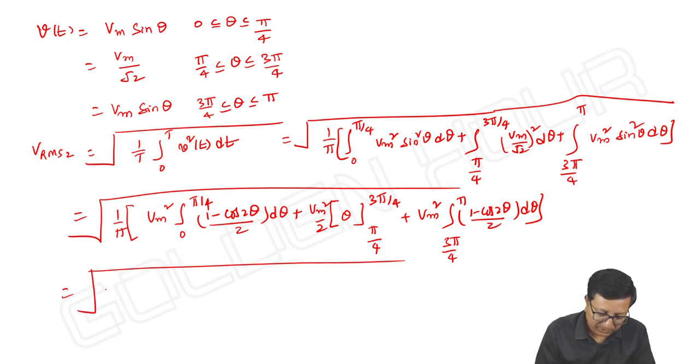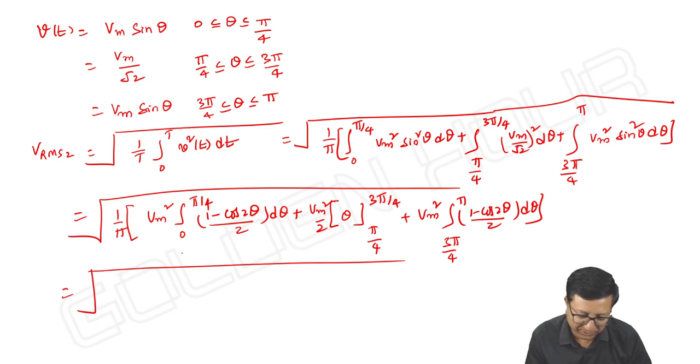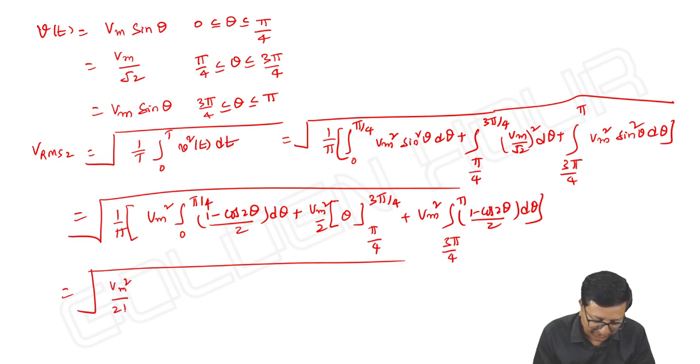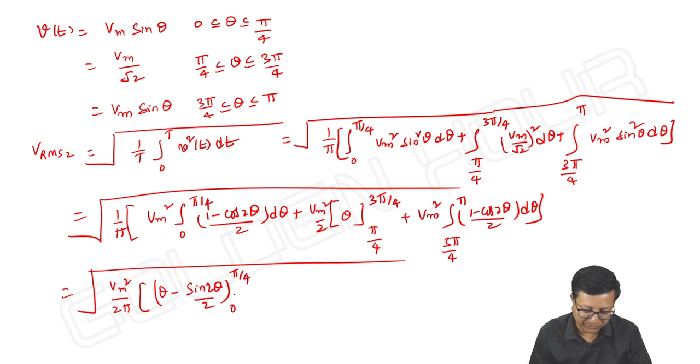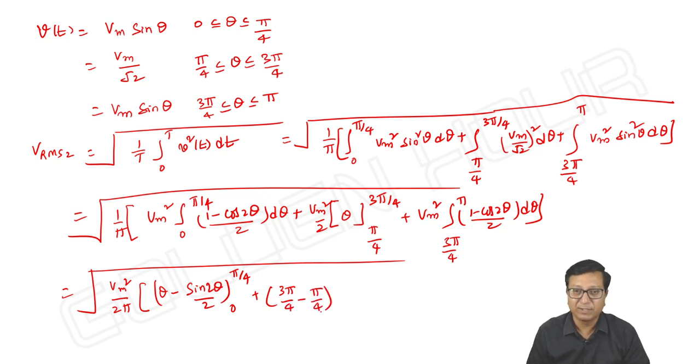Further, actually everywhere we can take Vm square by 2 outside, that is Vm square by 2 pi into theta minus sine 2 theta by 2 over the limits 0 to pi by 4, plus 3 pi by 4 minus pi by 4 for the second one.